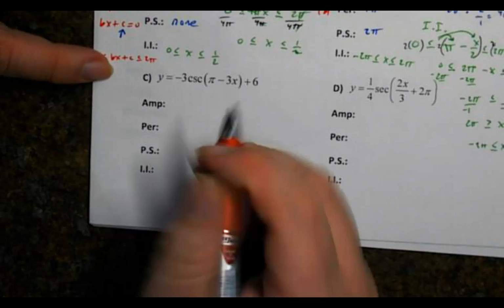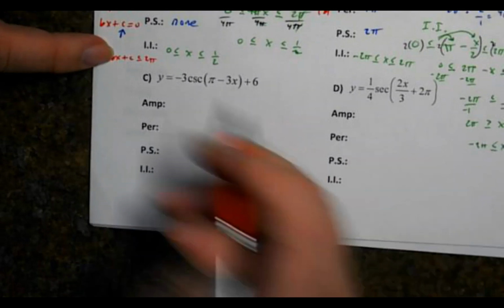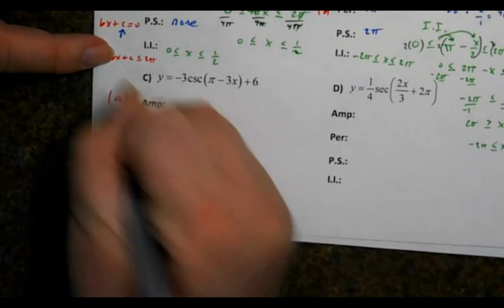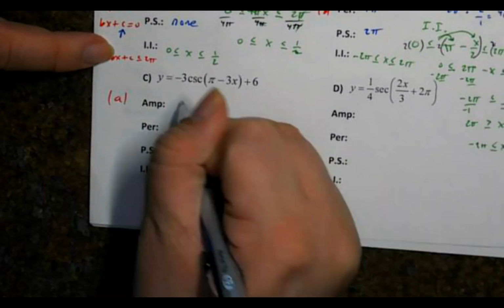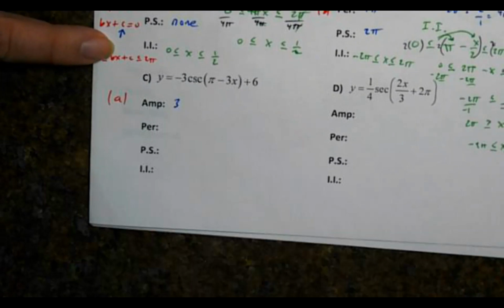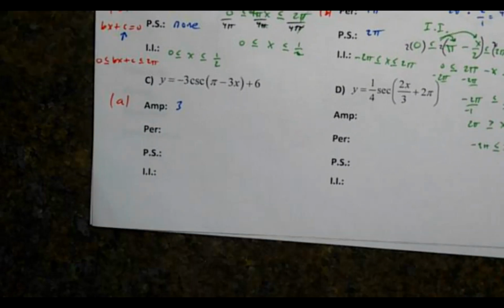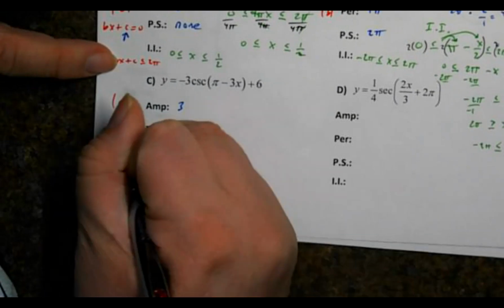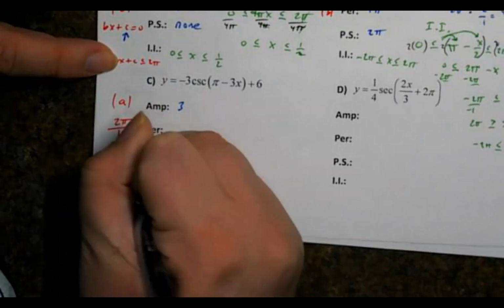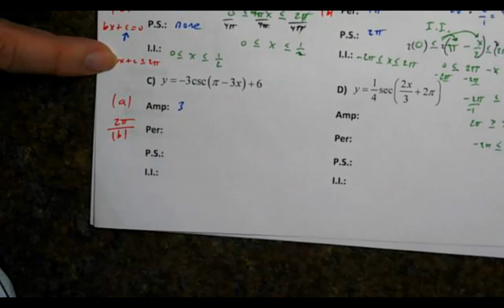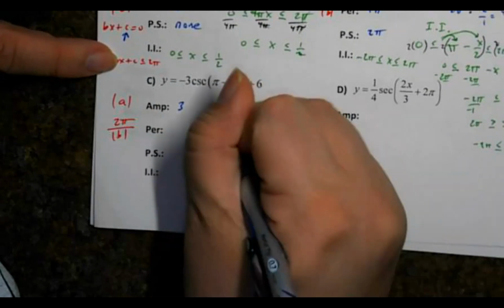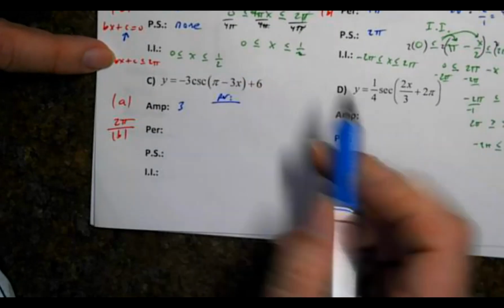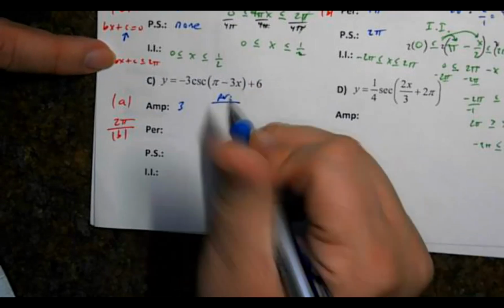I need the amplitude of problem C here. That is the absolute value of A. So the amplitude of -3, absolute value of -3 is 3. Period. The period is 2 pi divided by the absolute value of B once again. So the period, in this case, B is -3.